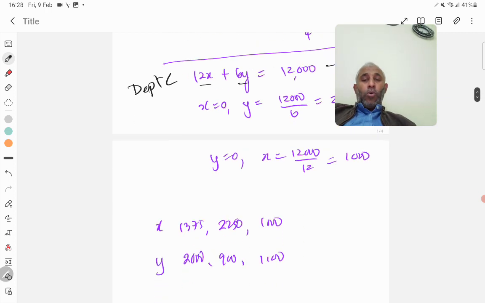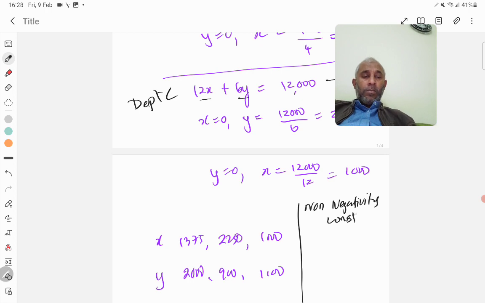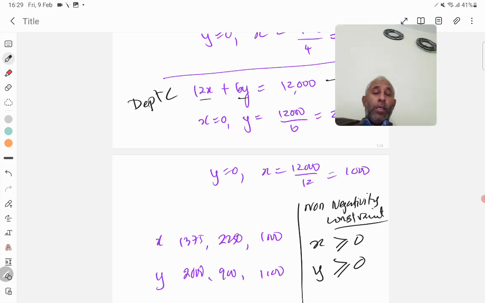And then you also need to understand that there is something called the non-negativity constraint: x ≥ 0 and y ≥ 0, meaning our output will be more than or equal to 0.